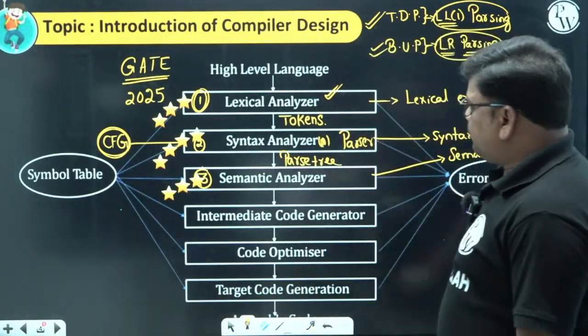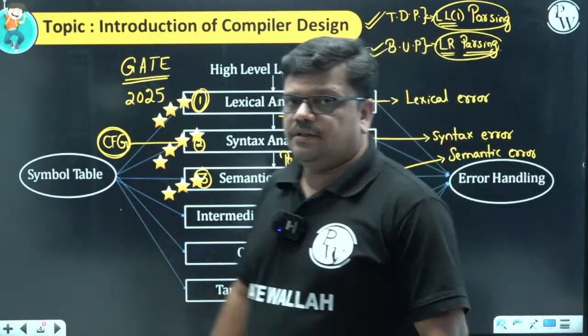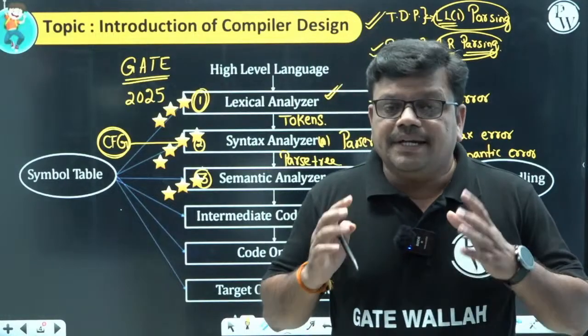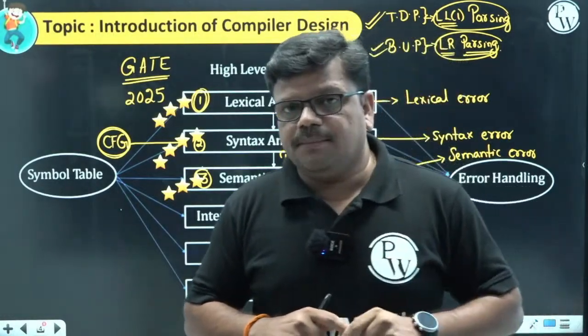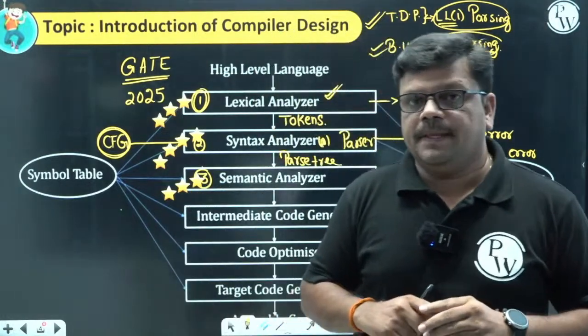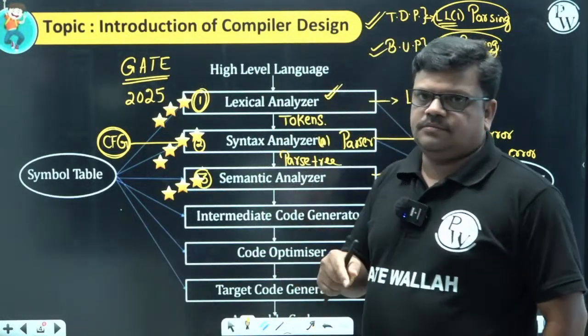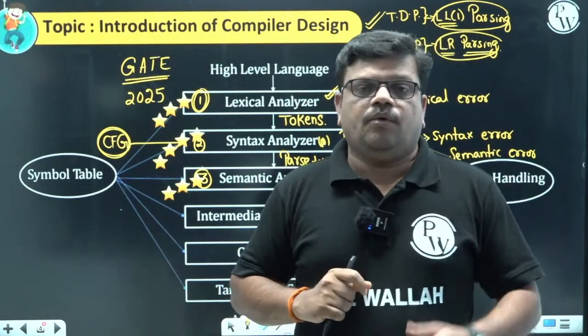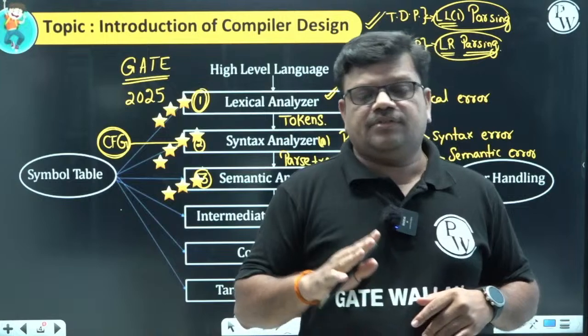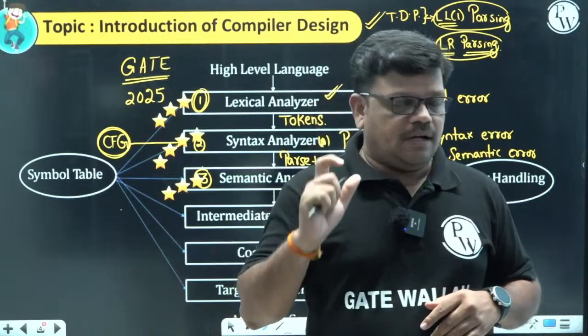To design the second program, the syntax analyzer, the theoretical knowledge or concepts used are context-free grammars and parsing algorithms. In this course, we discussed context-free grammars. What is a context-free grammar? What is an ambiguous grammar? What is an unambiguous grammar? That is required.